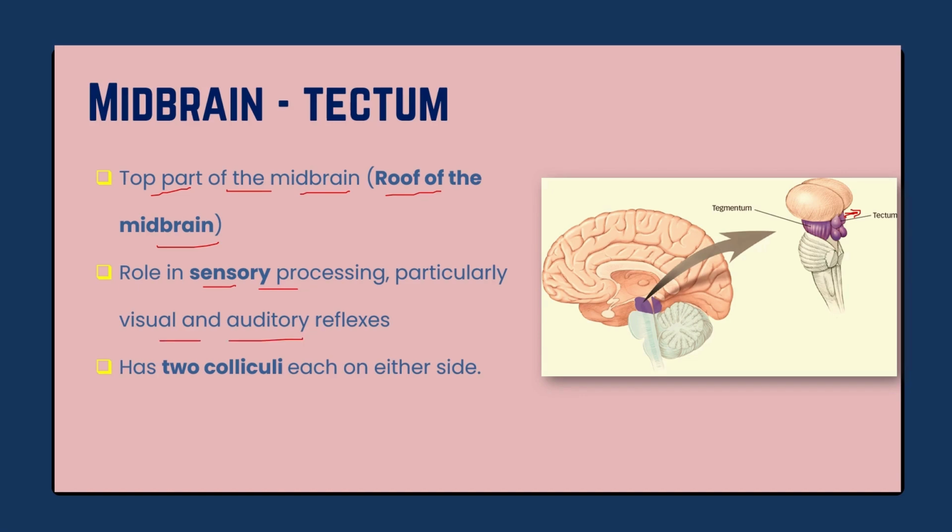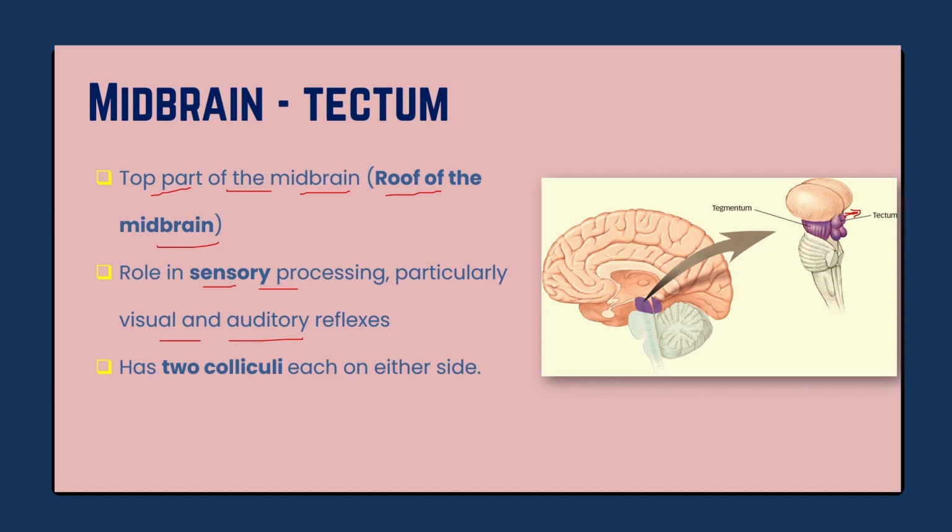We saw in the functions of the midbrain that it processes the visual and auditory signals that come in through your visual receptors and auditory receptors, right? So the tectum plays an important role in sensory processing, particularly visual and auditory reflexes.